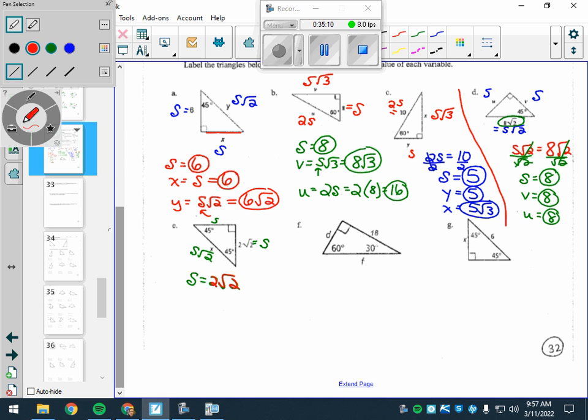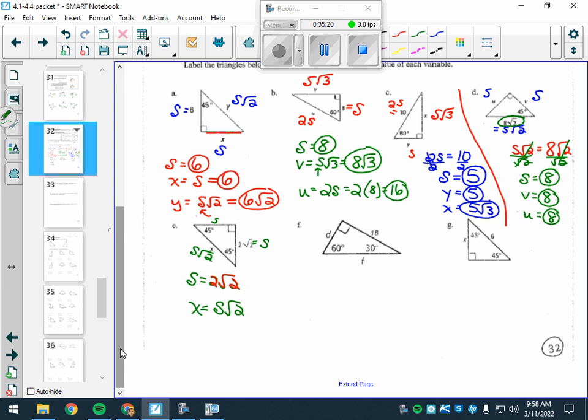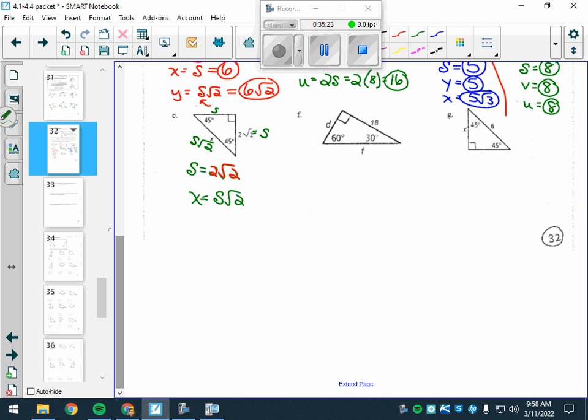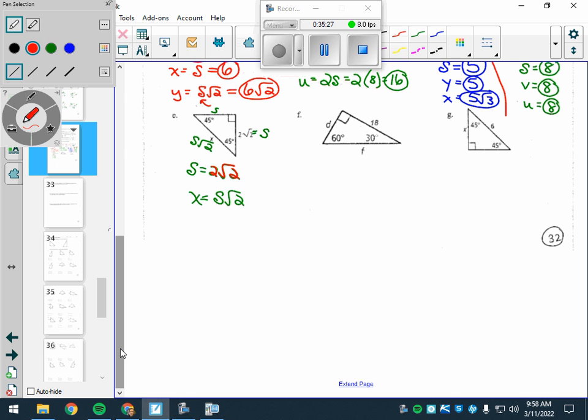Well, that means when we want to get x, x equals s root 2. But s is 2 root 2. So we have to change this s into a 2 root 2.